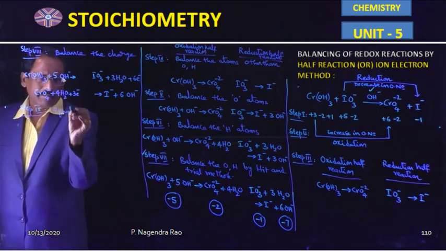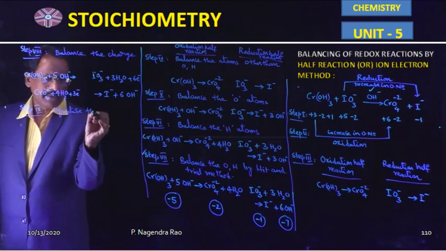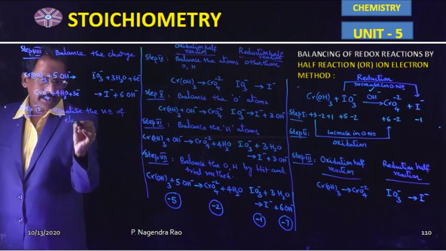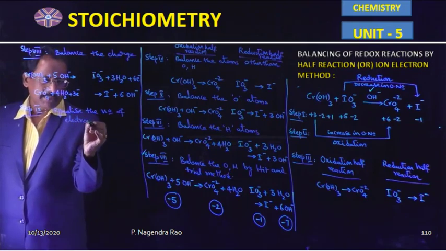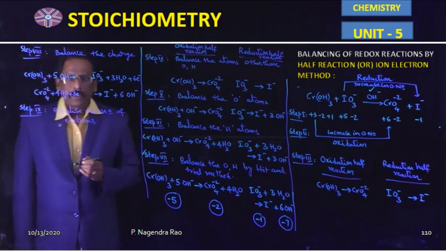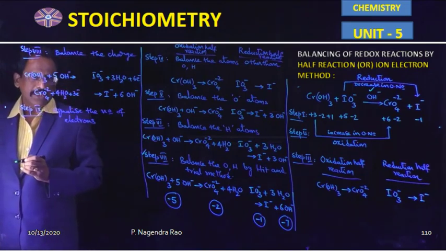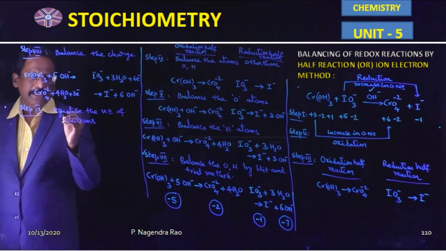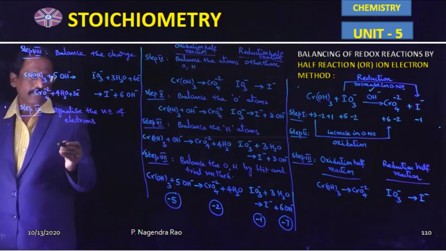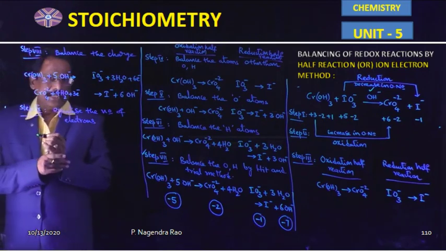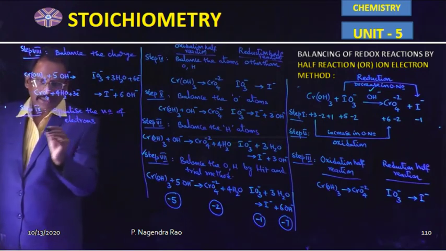And then the next step is to equalize the number of electrons. This oxidation half reaction is multiplied with 2, because in the reduction half reaction, in the reactant side, there are 6 electrons.